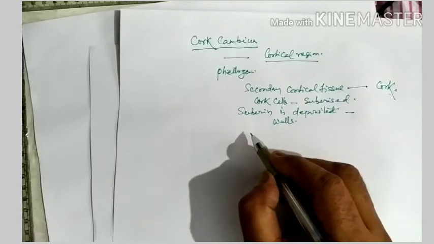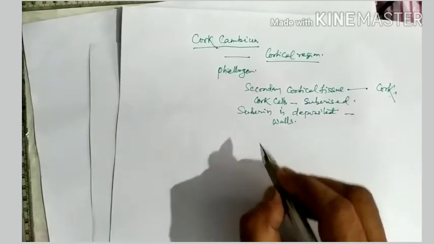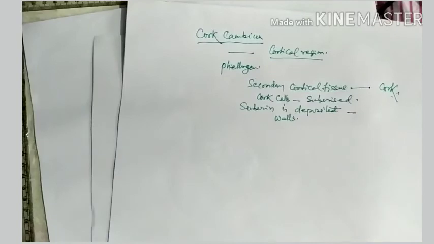As the suberin inhibits the entry of air and sap inside, due to lack of food and water these cells become dead.